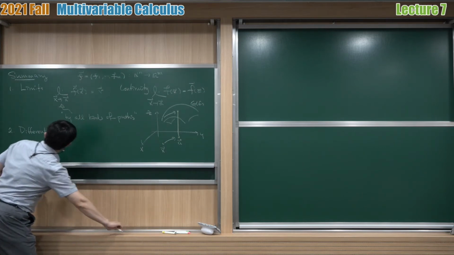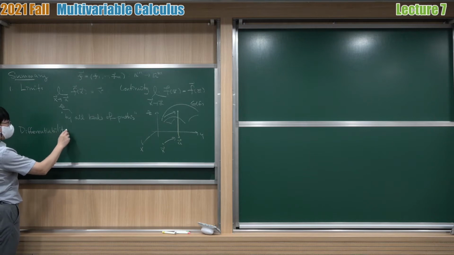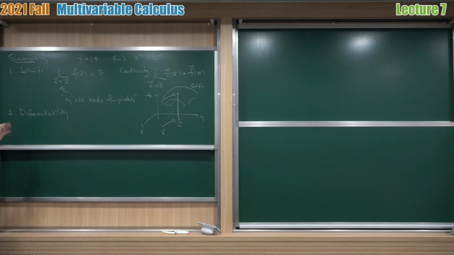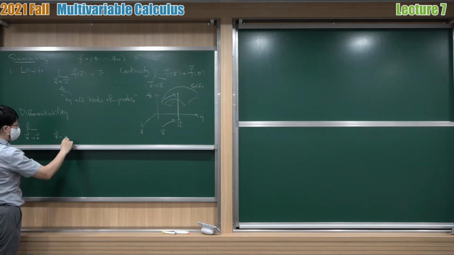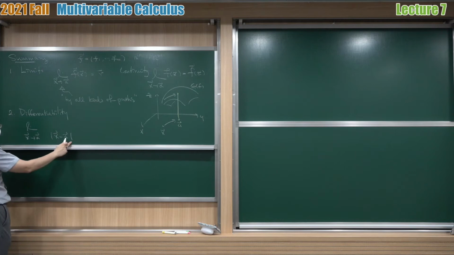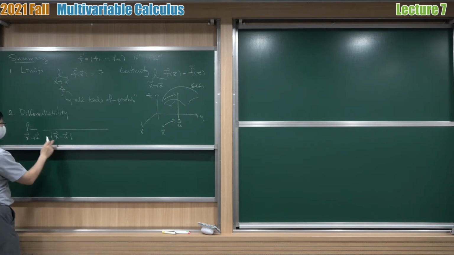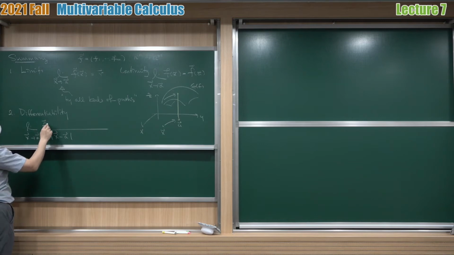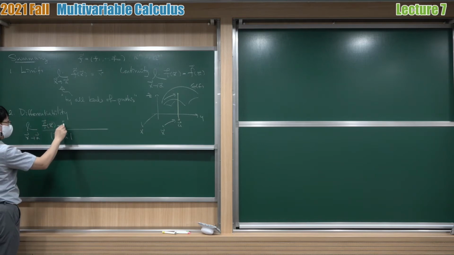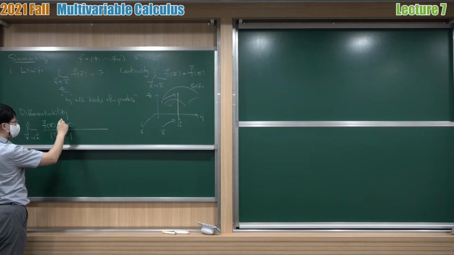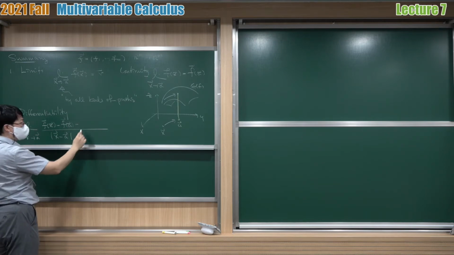And let's talk about the differentiability. It's a little bit different concept than continuity or limit, but it uses the notation of limit. So our definition last time was we are taking as the denominator the norm of x minus a vector. And on the numerator side, we have f(x) minus f(a) minus what?